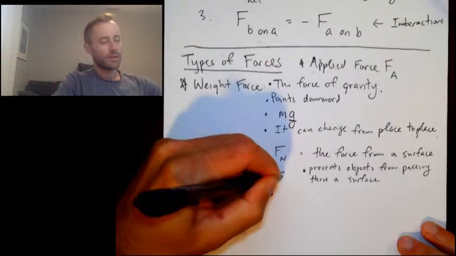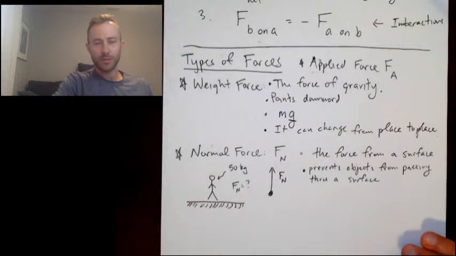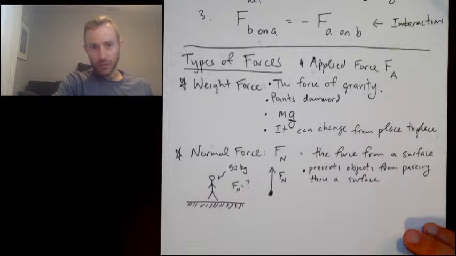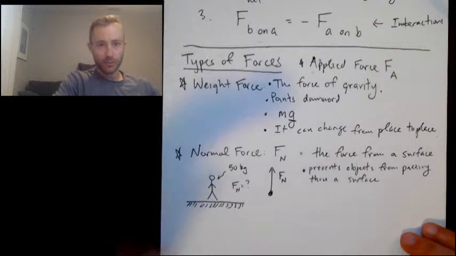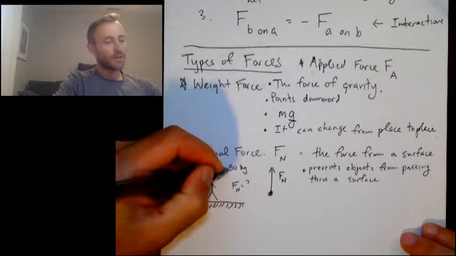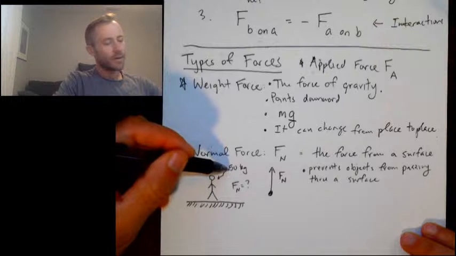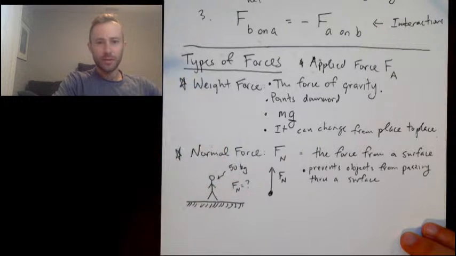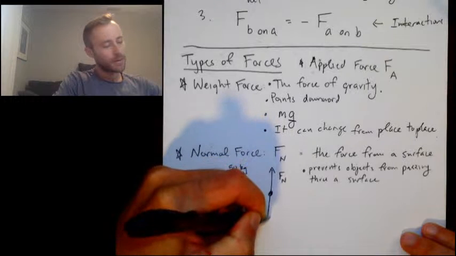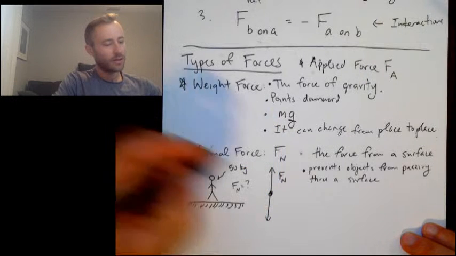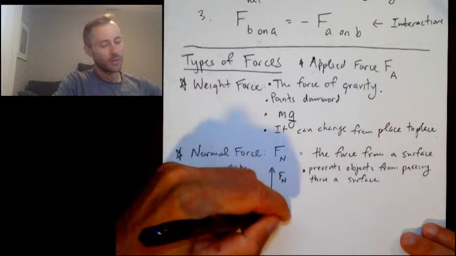I'm going to label it F sub n. The other force is, of course, the weight force, the force due to gravity, m times g. The mass is 50, gravity on Earth is 10, so we have 50 times 10 is 500 newtons going downward.